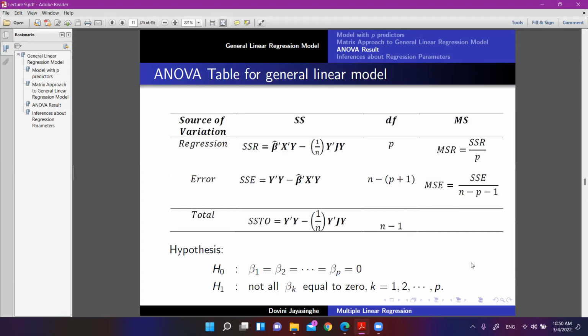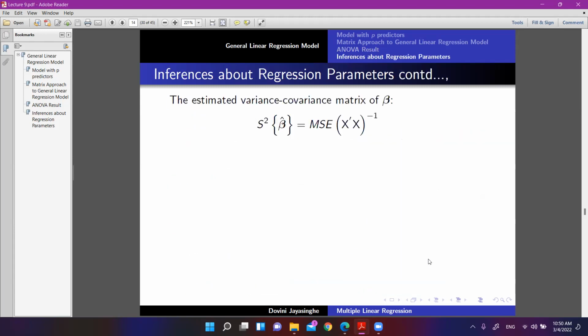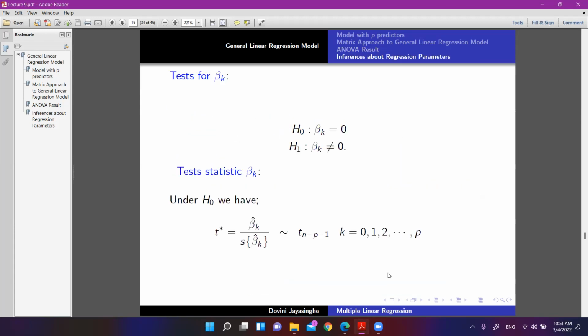So that is why, if we find that this happens, the next step is checking which betas are significant, and we are going to reformulate the model. That is the use of this test.